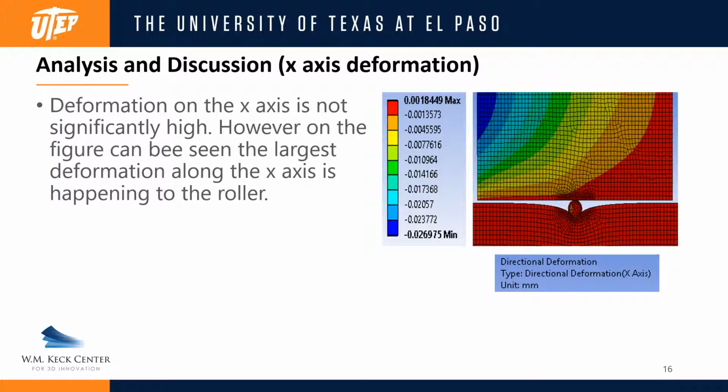The next one is the x-axis deformation. For the x-axis, we don't have too much deformation. Basically, it's 0.0002 millimeters the maximum displacement on the x-axis, and this is happening on the application roller.